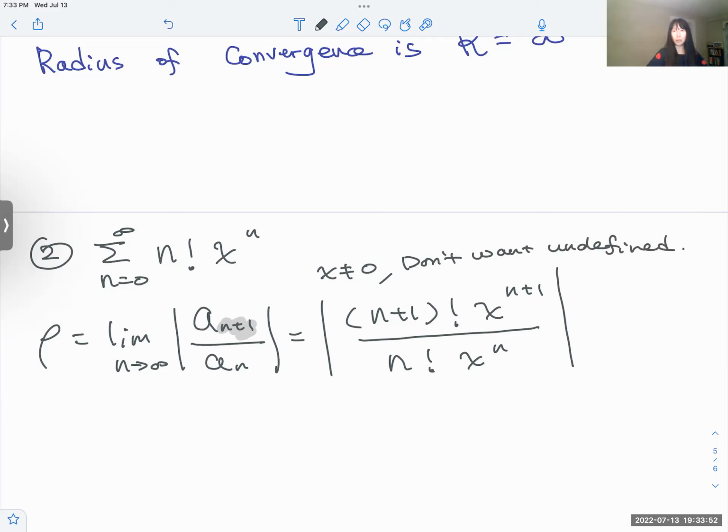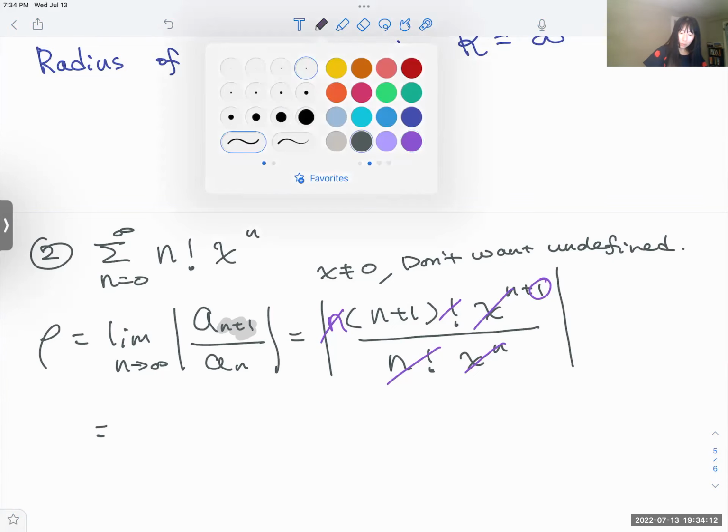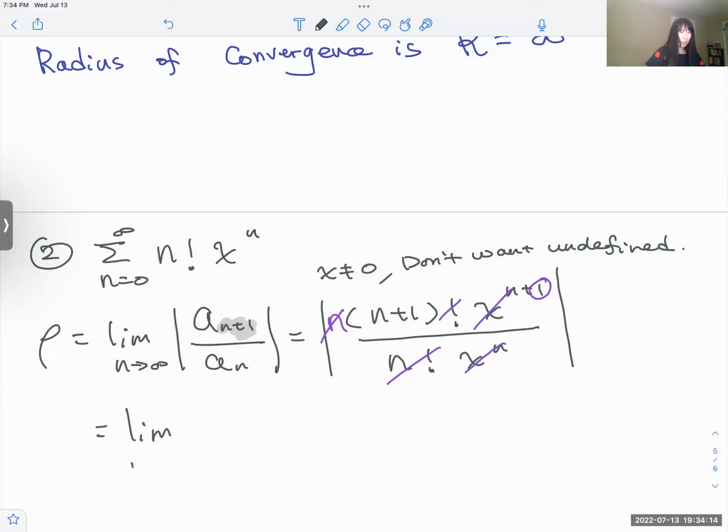Okay. Now, let us simplify. So we have n plus 1 there, n factorial with n factorial, and x to the n power with x to the n, so we get 1 there, okay? Now we have the limit as n approaches positive infinity. We have n plus 1 remaining and x remaining there.